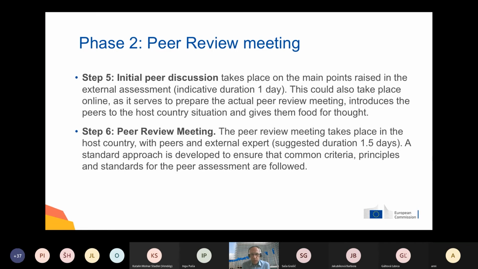And then the second step, so step 6 in this slide, is the peer meeting as such, where the peers and the external expert of the EQAVET Secretariat would hold the peer review meeting and discuss more in detail the peer assessment.